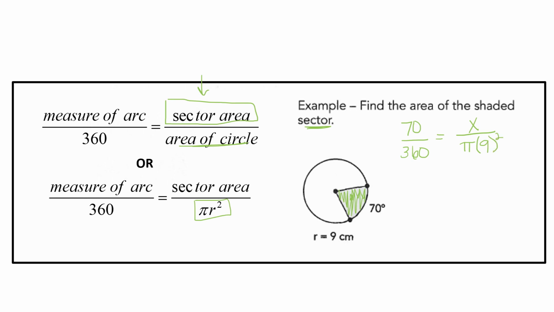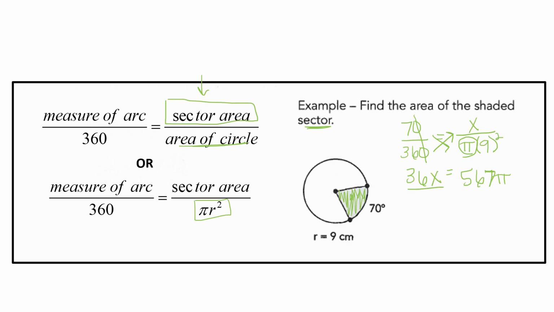So again, on the left-hand side, I'm going to cross off these zeros, make these numbers a little bit easier to work with. 36 times x would be 36x equals, now in the bottom here I have 81 pi because 9 squared would be 81. So I'm going to type in my calculator 7 times 81. When I type that into my calculator, I get back the number of 567. Again, I'm ignoring the pi for now because I don't want to have to plug in pi or round any decimals until I get to my very final answer. So I have 567 pi.